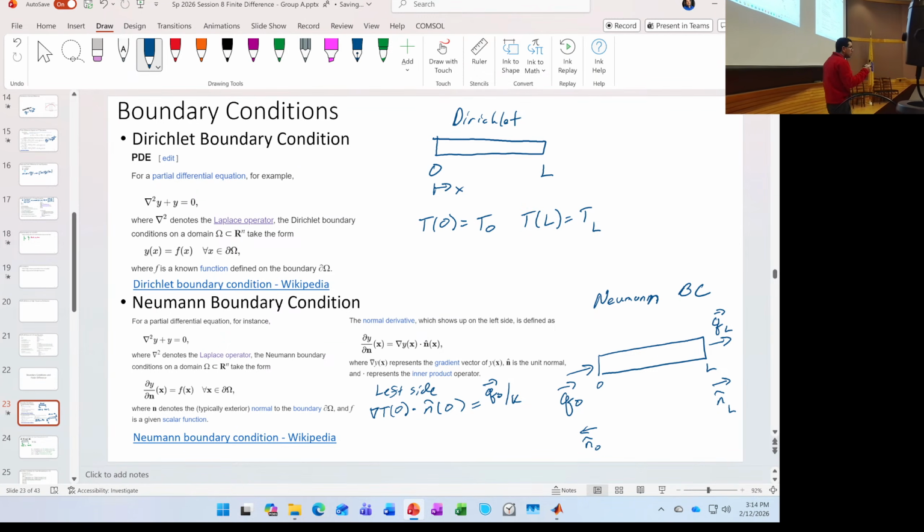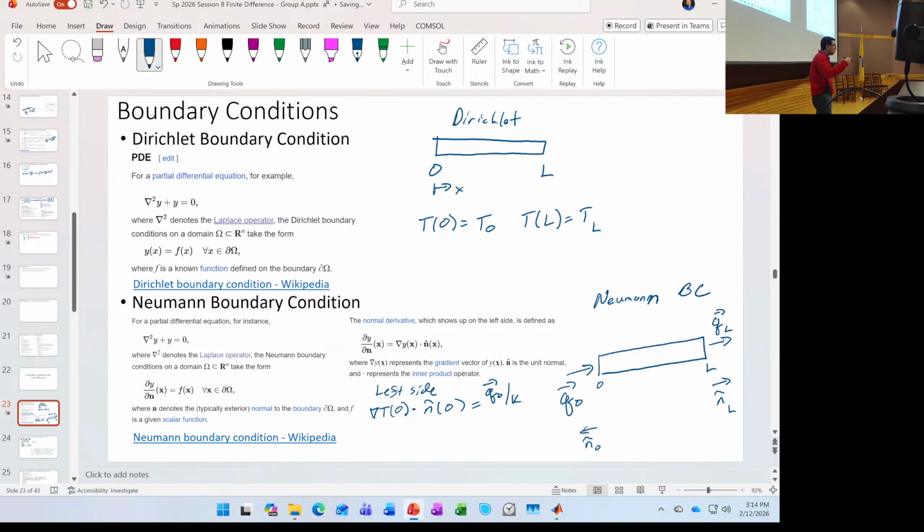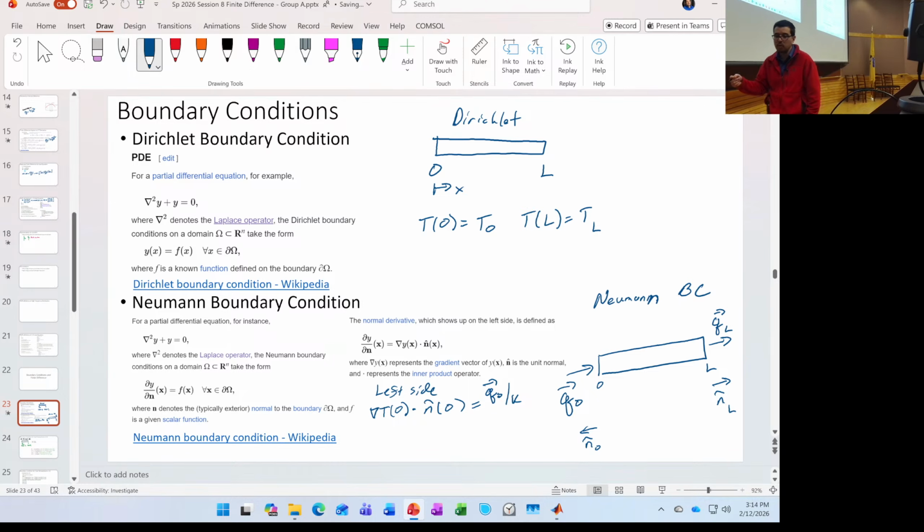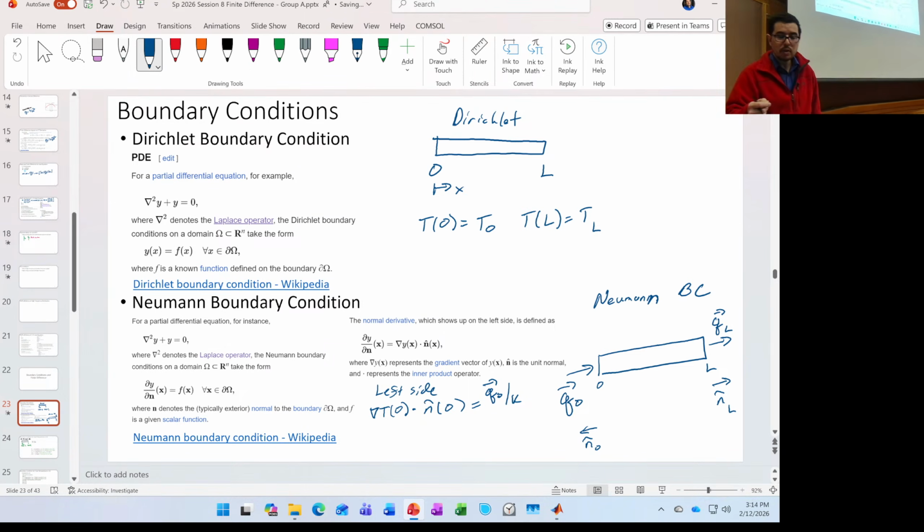We said Q is equal to K times the gradient of T. Okay? So this is just a representation of Fourier's law, but we call this a Neumann boundary condition, and this is what heat flux is going in.